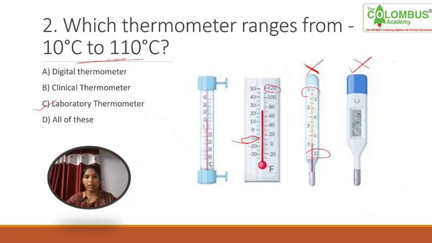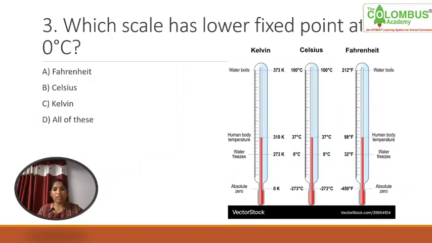Next, which scale has lower fixed point at 0 degrees? Look at the three figures: Kelvin scale, Celsius scale, Fahrenheit scale. So what is the lower fixed point? Yes, water freezing, we call it the lower fixed point.